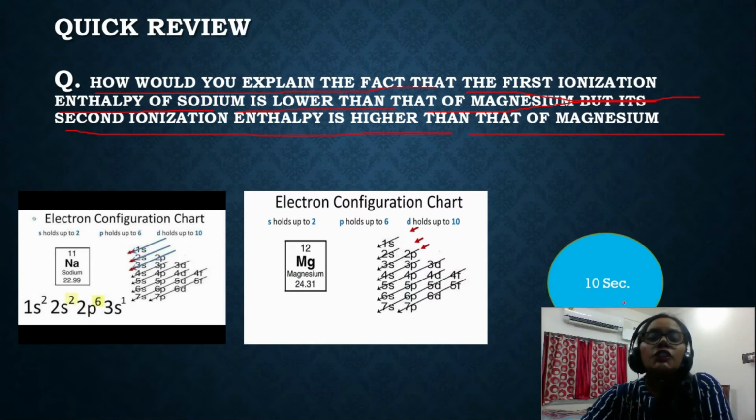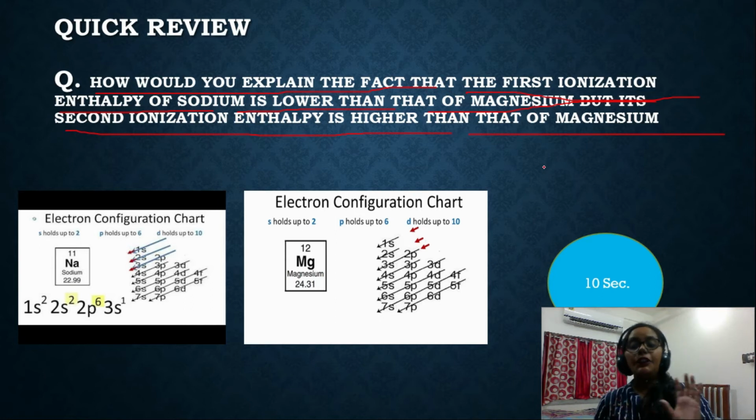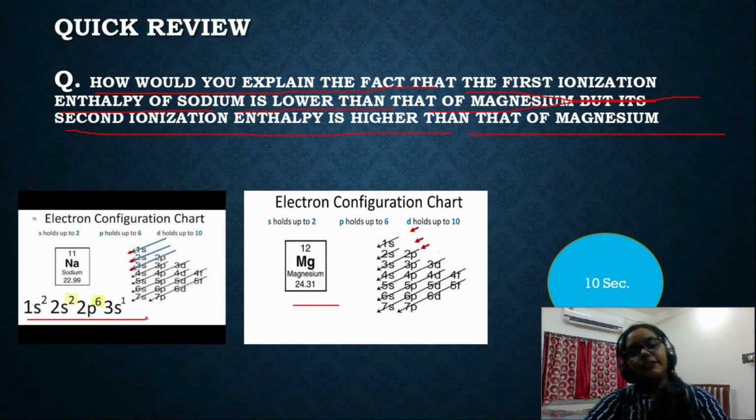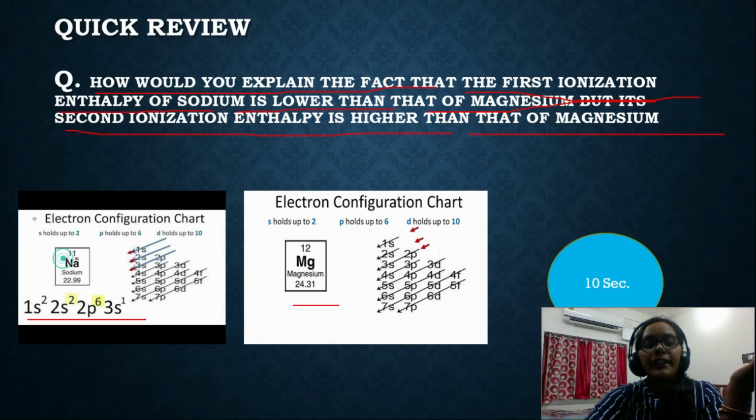Look here. To answer this question, first of all, you should know the electronic configuration of sodium and the electronic configuration of magnesium. For sodium, that is 1s2, 2s2, 2p6 and 3s1, because sodium has 11 electrons.